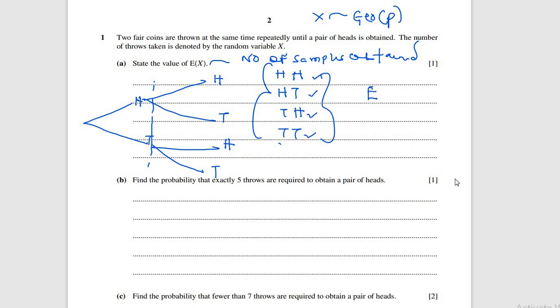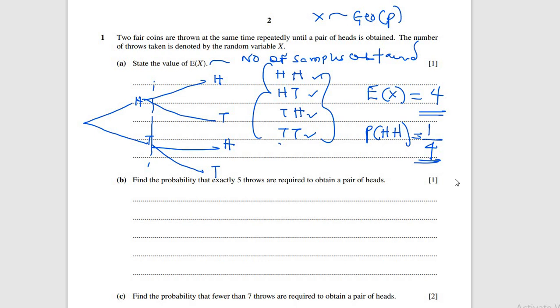So the expectation of X is 4 in this case. Remember, the question is saying until a pair of heads is obtained. What's the probability of obtaining a pair of heads? That's head, head. It only occurs once in this sample space out of 4.